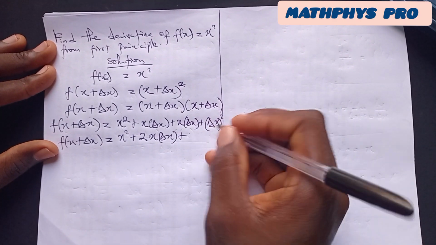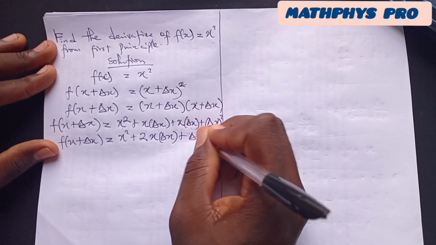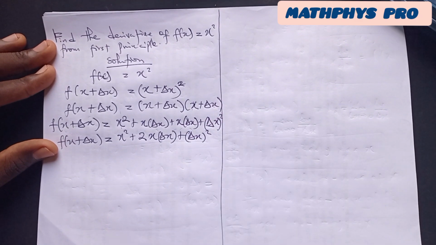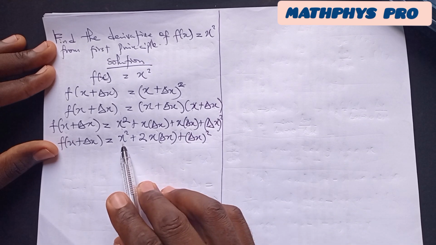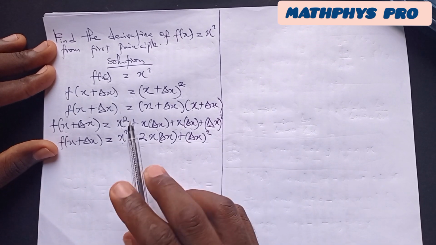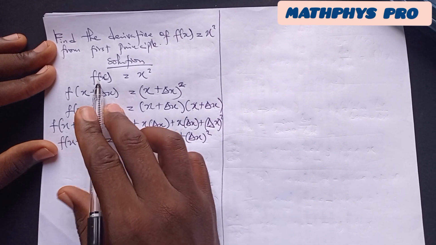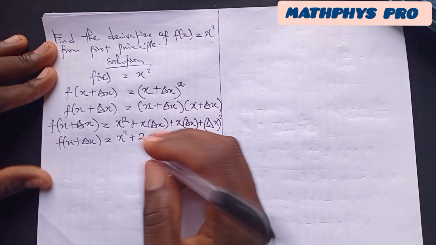So yeah, we have plus change in x squared. Now the next thing to do to eliminate this x squared, we say minus f of x from both sides of the equation.